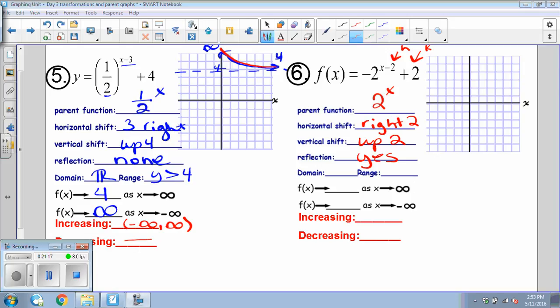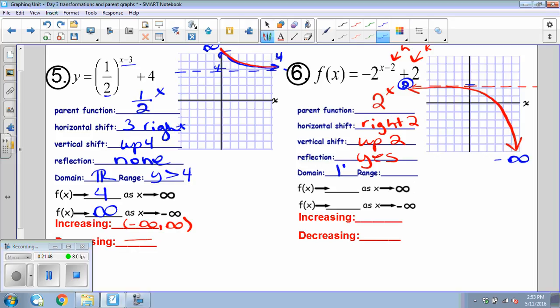I have a horizontal asymptote at 2. Then my function looks something like this. So as I move to the left, the end behavior is that it's going to approach 2. And as I move to the right, it's going to approach negative infinity.